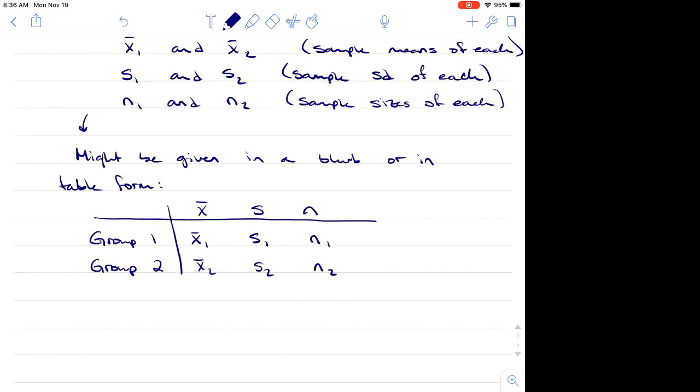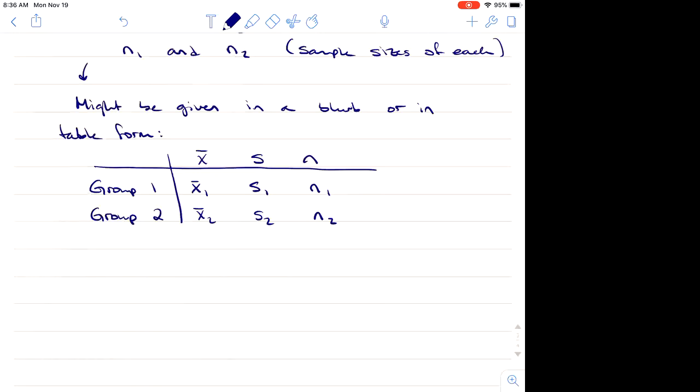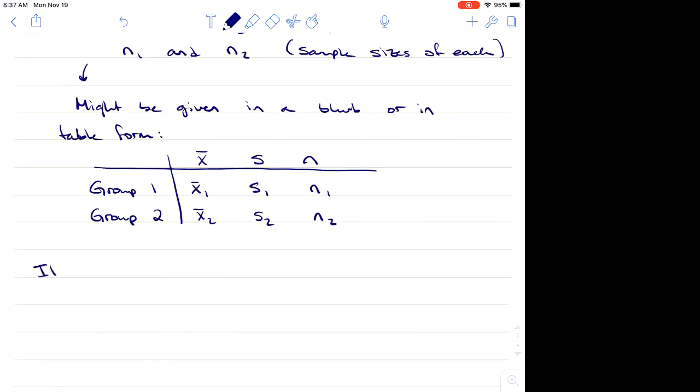We have to keep those little subscripts on just to keep track of which group is which. Again, it doesn't matter which group is assigned group 1 and which one's assigned to group 2, as long as we're consistent.